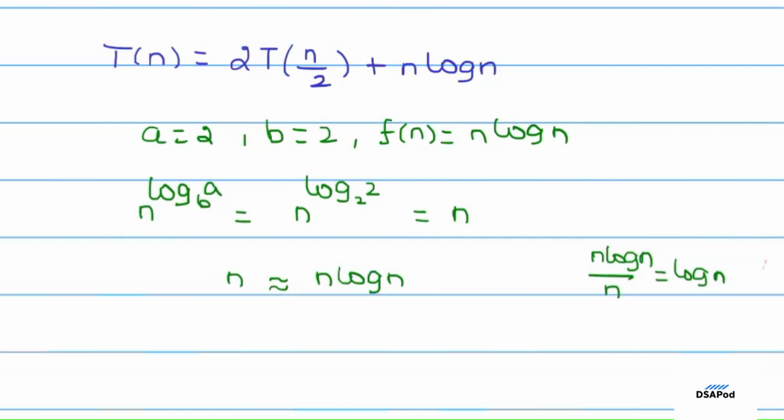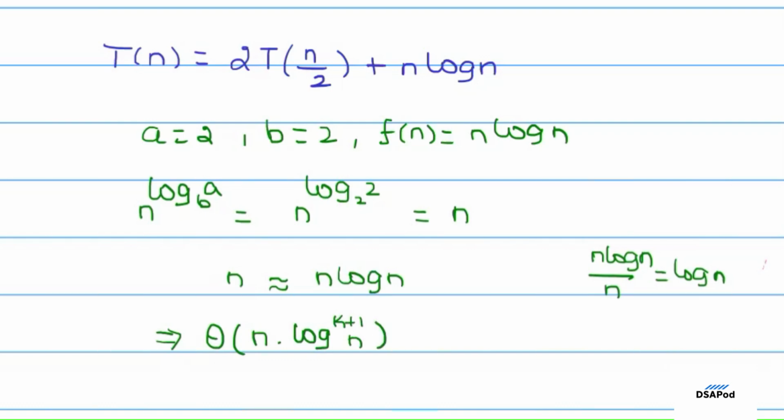So which condition is applicable? Go for case number 2. In case number 2, we assume that f(n) is equal to the watershed function. So the complexity is determined as theta of the watershed function value, which we have determined is n, multiplied by log n to the power k plus 1.